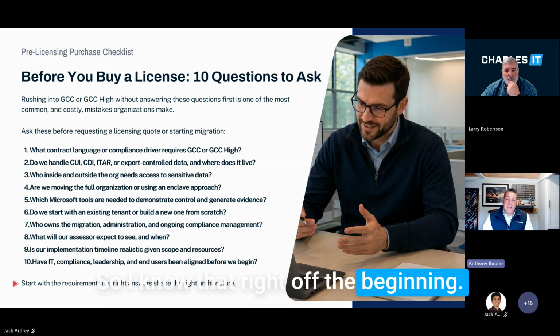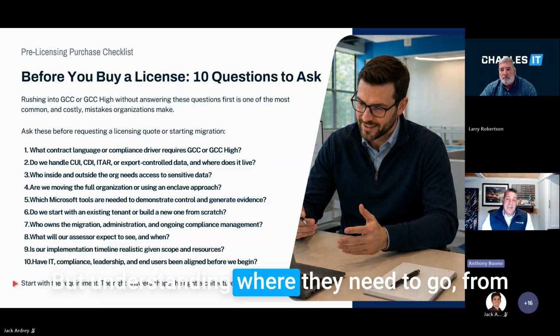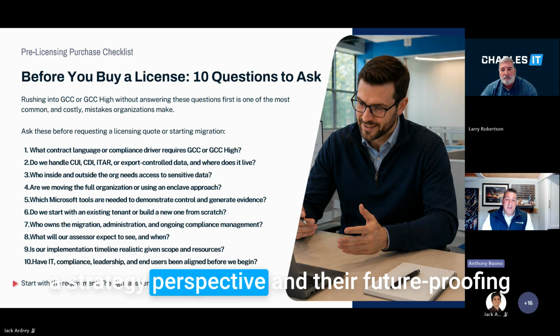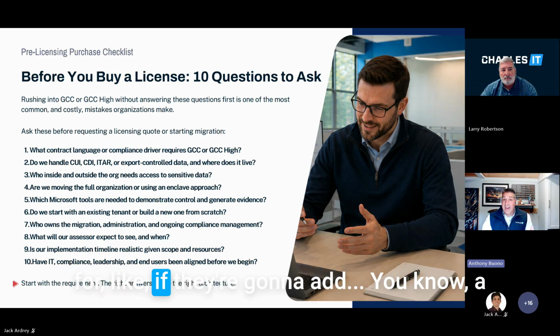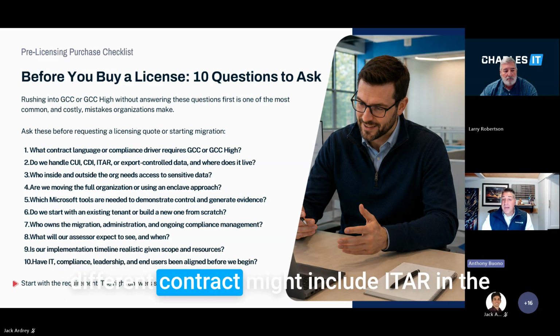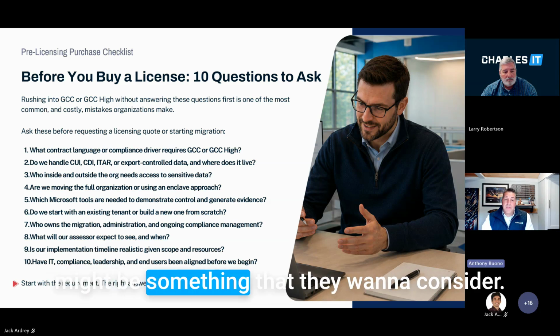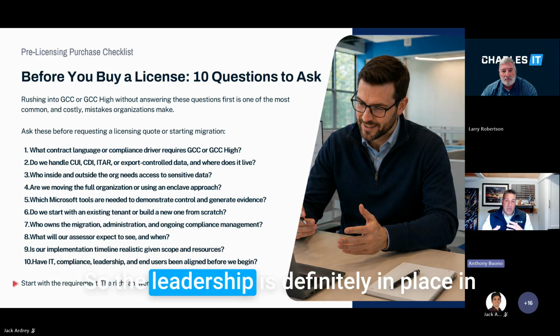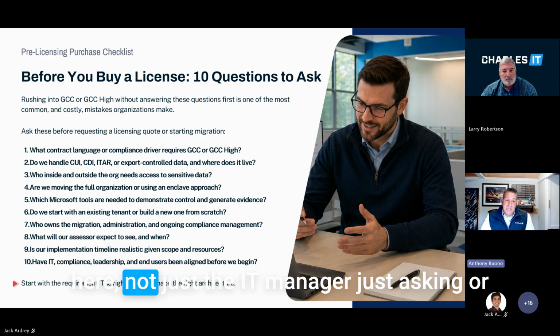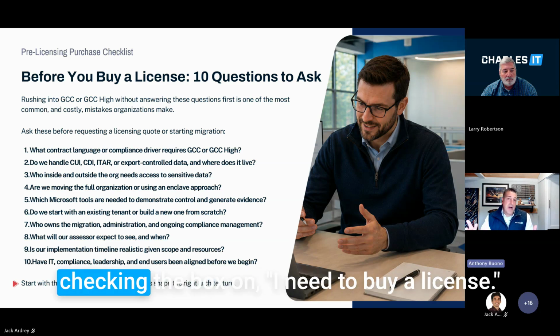But understanding where they need to go from a strategy perspective, and future-proofing, like if a different contract might include ITAR in the future, or an RFP that they responded to, that might be something they want to consider. So leadership is definitely a place in here, not just the IT manager checking the box on, I need to buy a license.